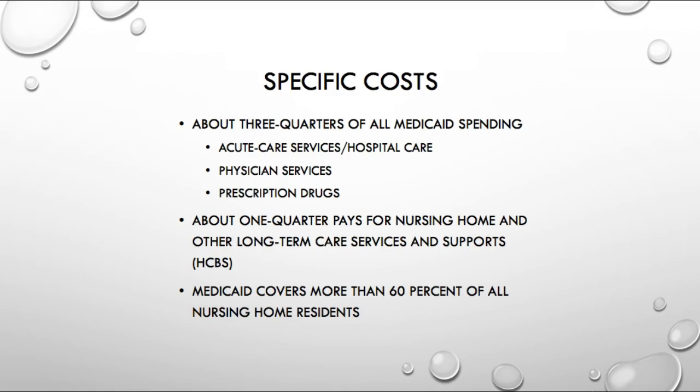So that would be those waiver programs, HCBS, nursing homes. One-quarter of all that money pays for long-term care. In terms of nursing homes, Medicaid covers about 60% of all nursing home residents in the country. So more than half of all nursing home residents are paid for by Medicaid.